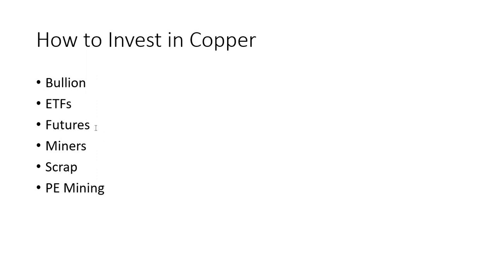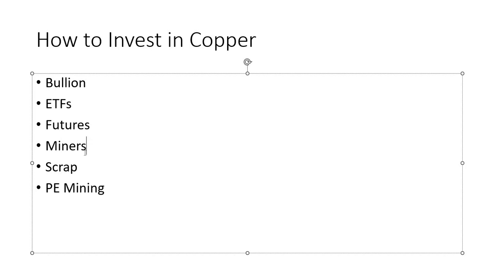So that's another option to invest in copper. It requires a little bit more skill. I think you'd have to be paying a fair bit more attention to the copper market if you're going to be doing futures. So you can also invest in the miners. I'll do a video on investing in small cap miners in the future. Technically, it's not an alternative investment because it is stocks, but I consider small caps to be an alternative investment as well.